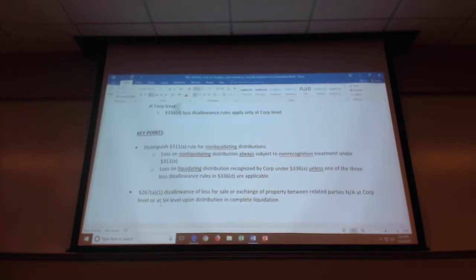Clearly a distribution of property by a corporation to its sole shareholder is a distribution to a related party, yet the code allows the loss to be recognized at the corporate level, and the only reason is because Section 267 says that it doesn't apply in the context of a liquidating distribution. So you don't have to worry about that. You're not being tested on that.